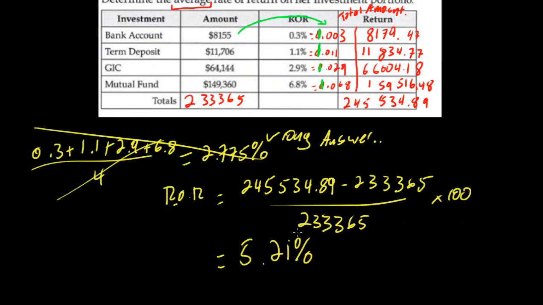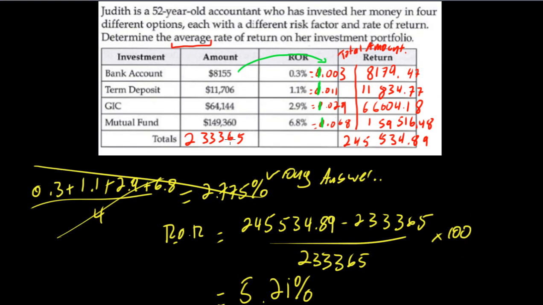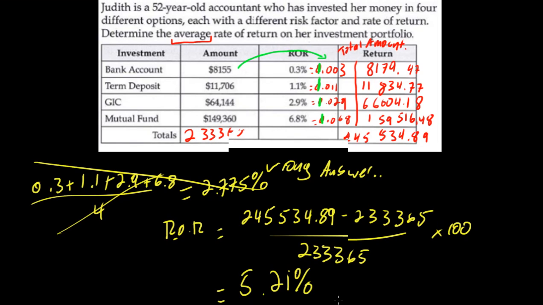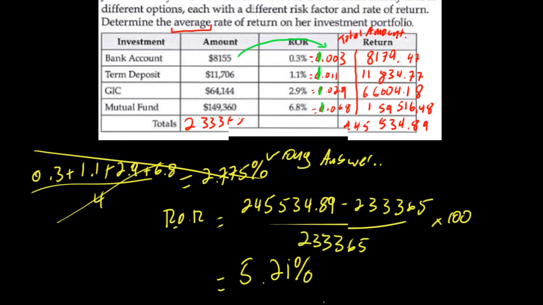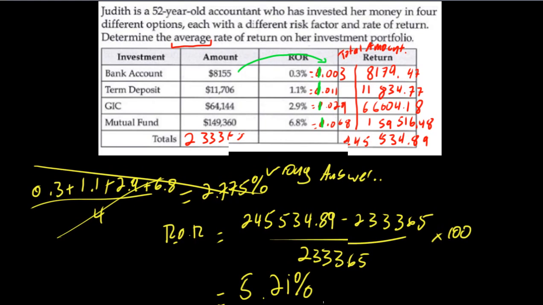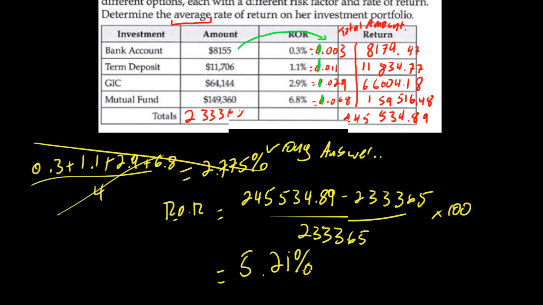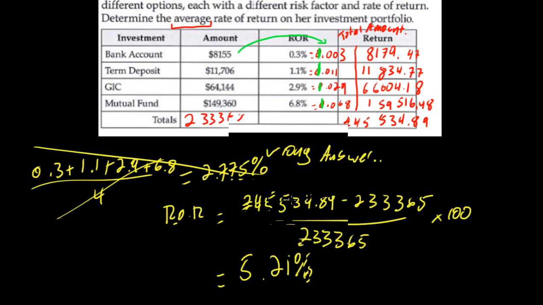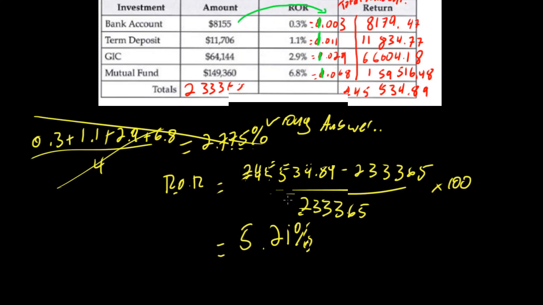So it's that hidden word of average that really messes with people's minds, because average is so built into you that you just take the sum of things and then you divide by the number that they were. But in this case, that's not actually what you want to do. In this case, you actually want to take what she gets in terms of her return, and then you can get the average from that by adding them up and doing the rate of return as you normally would.